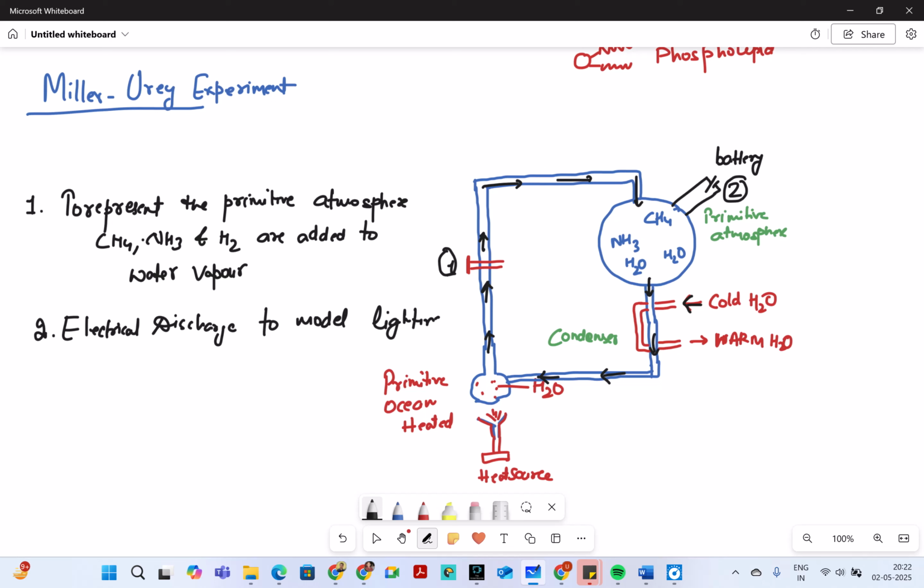Like in the primitive earth, something like lightning. And this lightning provides energy to synthesize new compounds, right?